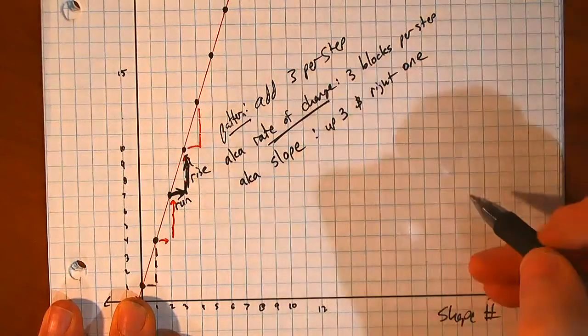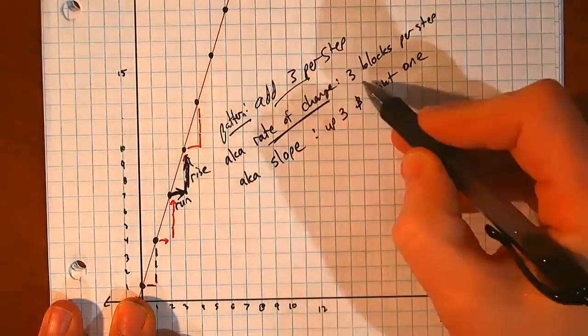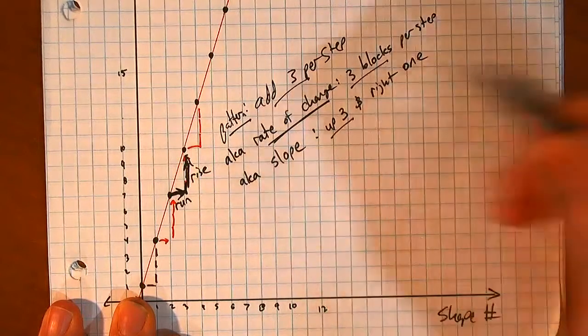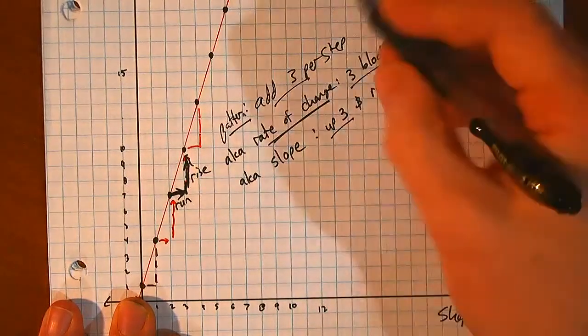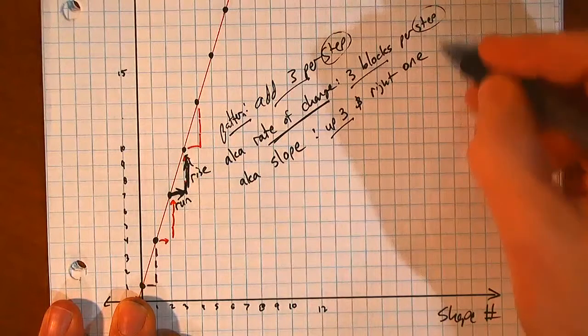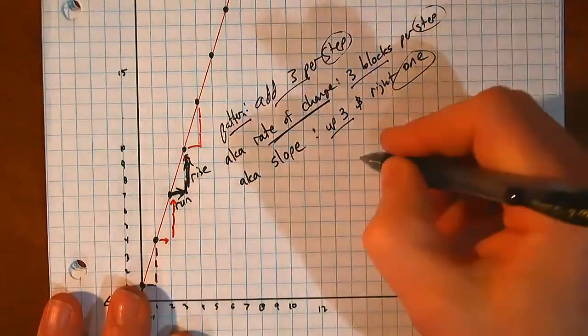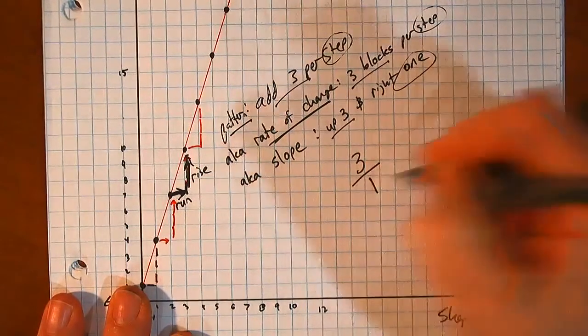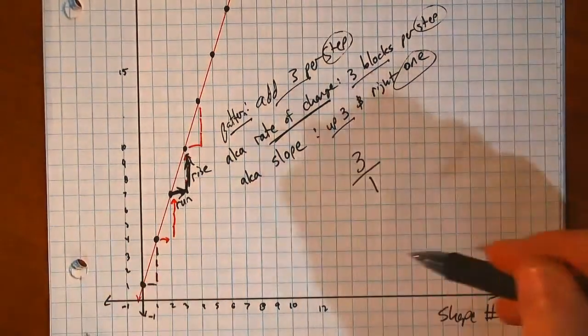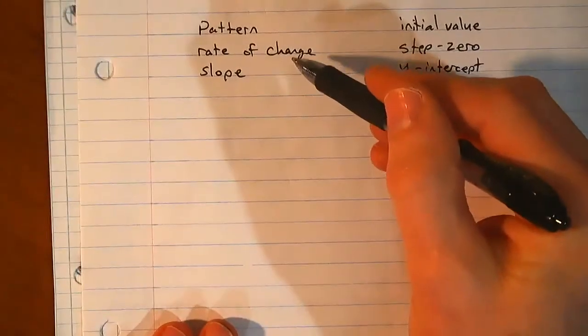So notice these are all saying the same thing. Add 3 blocks, up 3. And then per each step, per 1 step. Okay, so they're all giving us the same basic ratio of 3 to 1. And that ratio is what we call the pattern and the rate of change and the slope.